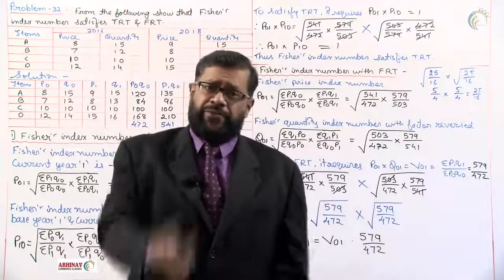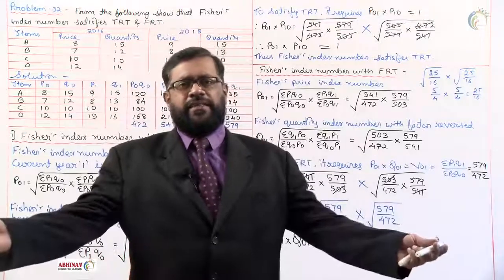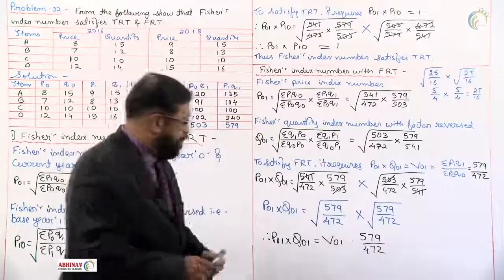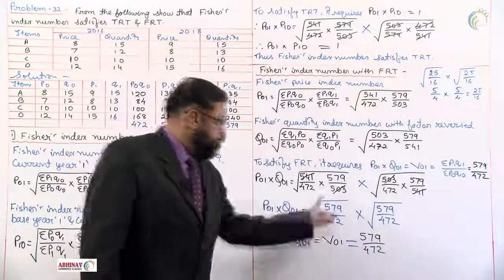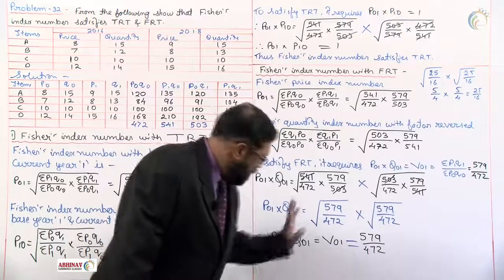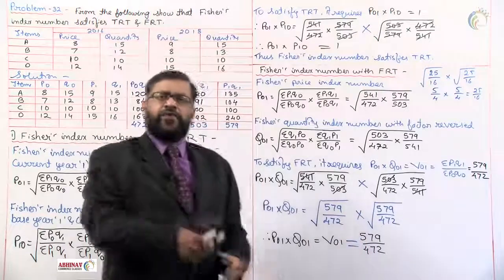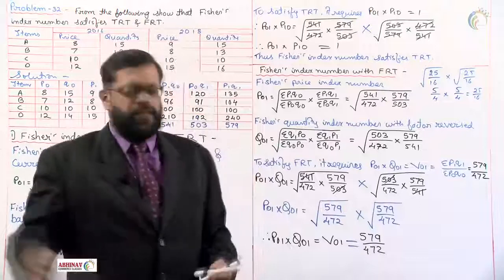So there is no meaning in first finding the root and then multiplying the same numbers to get the same answer. Once you see that the values in the two roots are the same, we say the answer is equal to the number that is there. So the value has to be the same. So P01 multiplied by Q01, we get the answer. So write down that Fisher's index number satisfies FRT.